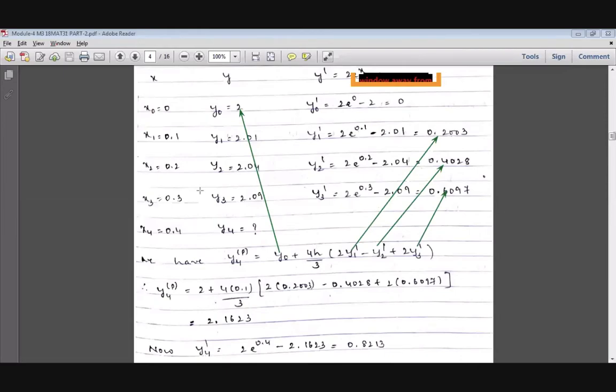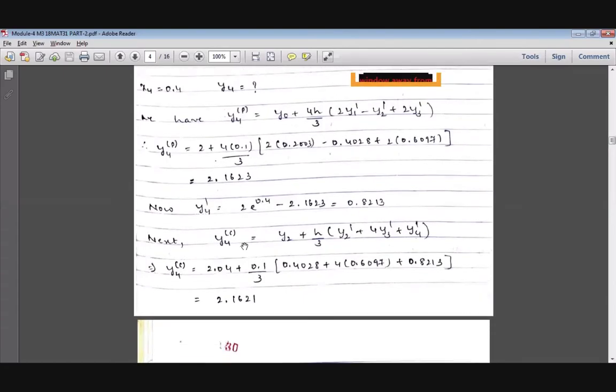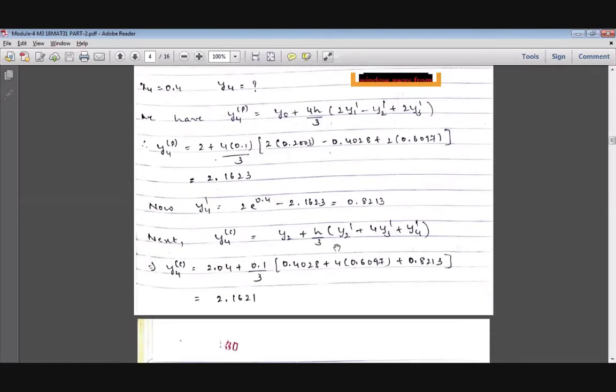Then h is the difference between these two, which is 0.1. If you substitute, you will get 2.1623. Next, y4 of c is y2 plus h by 3, y2 dash plus 4y3 dash plus y4 dash.